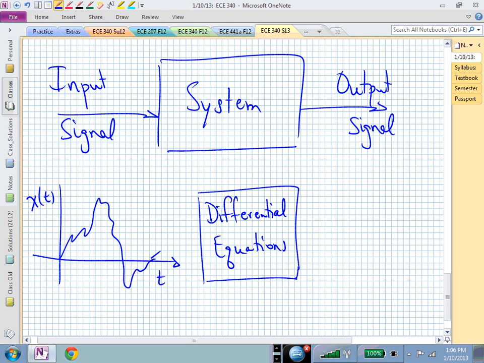And once we know the differential equation relationship between our input and output, we can solve that set of differential equations with that forced function or signal, the input signal, to produce an output.